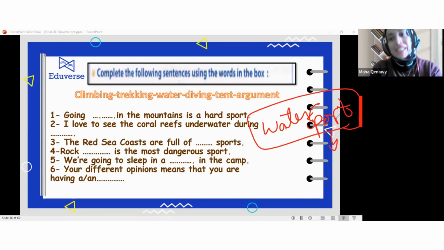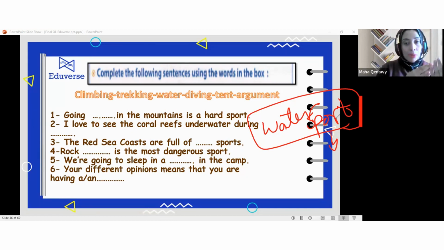Water sports are like the easiest: swimming, diving if it's underwater. If you go on a boat, it's sailing or kayaking, the long boat. You can also go fishing, go snorkeling, or go windsurfing, which is one of the most dangerous ones.